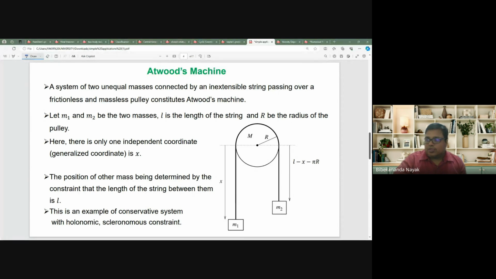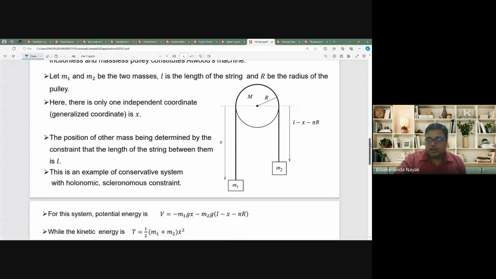So here we consider the two bodies. The kinetic energy and potential energy depend on the kinetic energy and potential energy of M1 and the kinetic energy and potential energy of M2. If you assume the length is L, and the pulley has a radius of r, then it will be from this point.